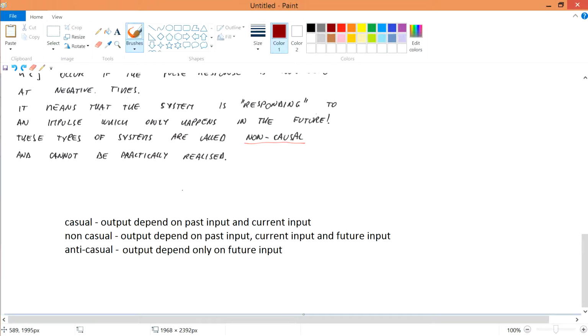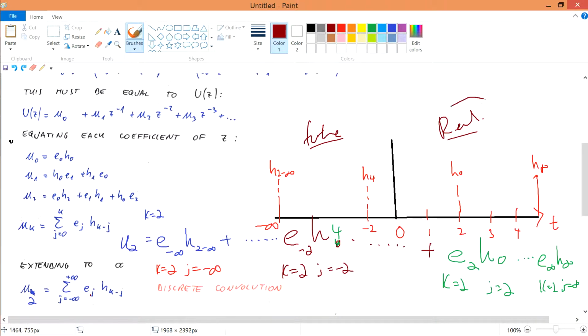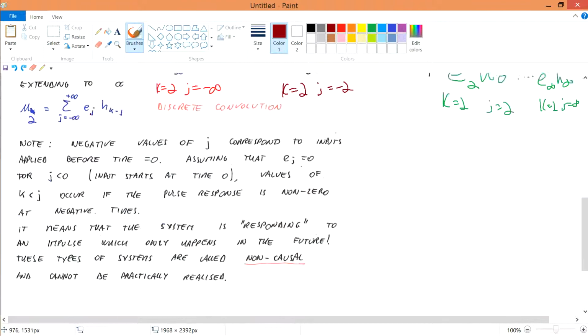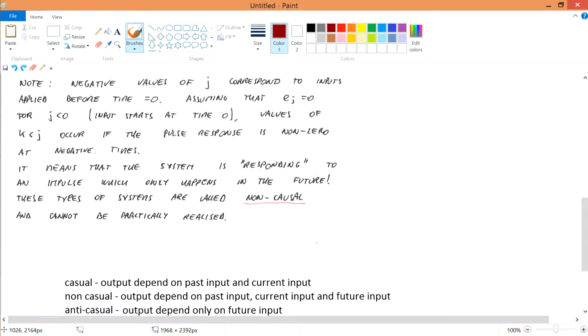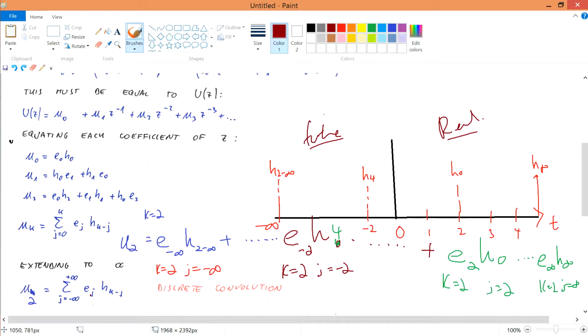You deal with your past input, your current input, and also your future input. Your past and current input are all these things over here, and you also have your future input all over here. So your output depends on all of these, while your anti-causal system depends only on your future input. So your anti-causal is simply only this.